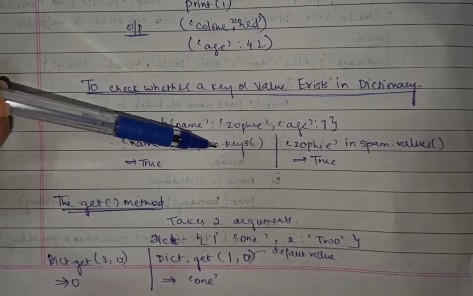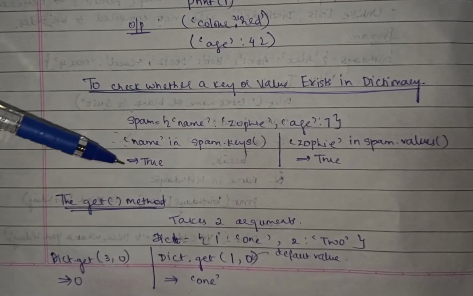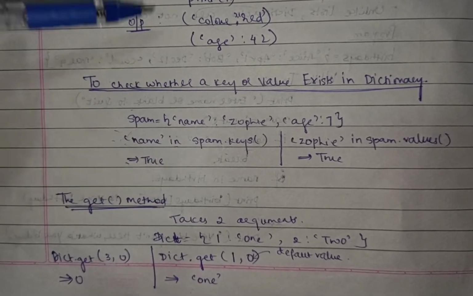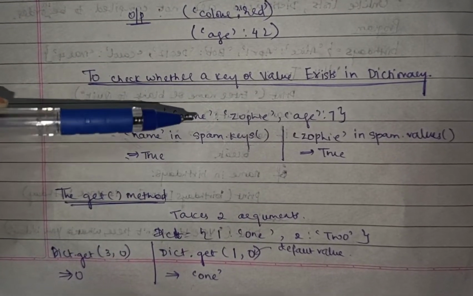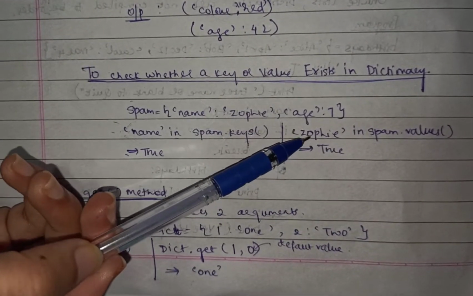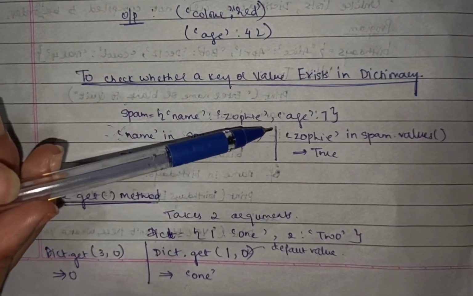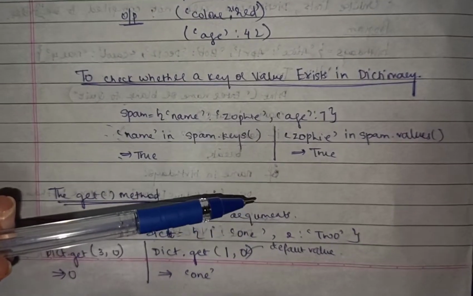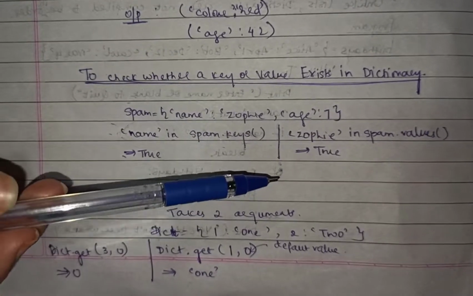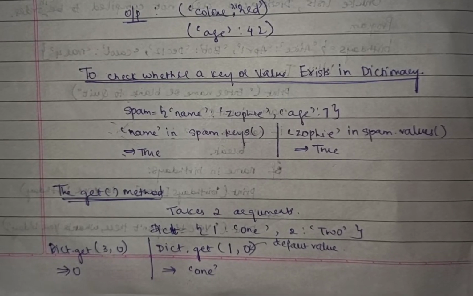Since name is present in the dictionary spam, it will return True. And suppose there was something that was not there as a key in the dictionary, it would have returned False. The same thing goes for values, that is 'Zophie' in spam.values. Since Zophie is present in the values, it will be printed as True. So this is about checking whether a key or a value exists in a dictionary.